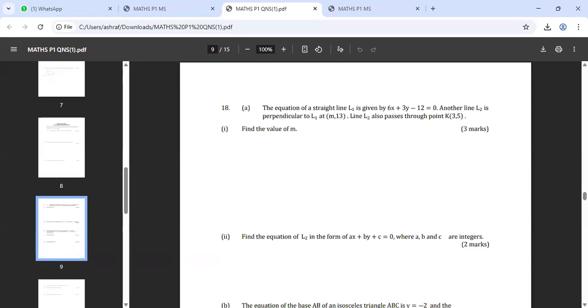And then we can use that gradient to find the value of M. So if we write L1 in the form y equals mx plus c, what equation do we get?